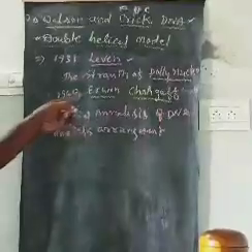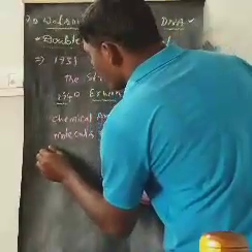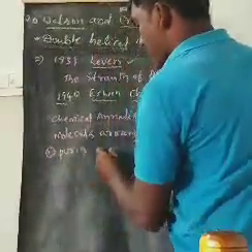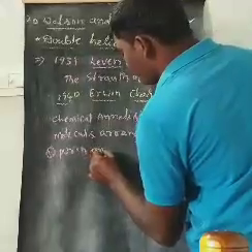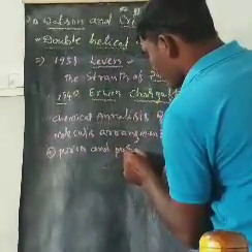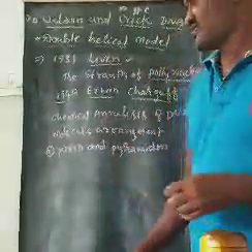In this chemical analysis of the DNA molecule arrangement, point number 1 is purines and pyrimidines.